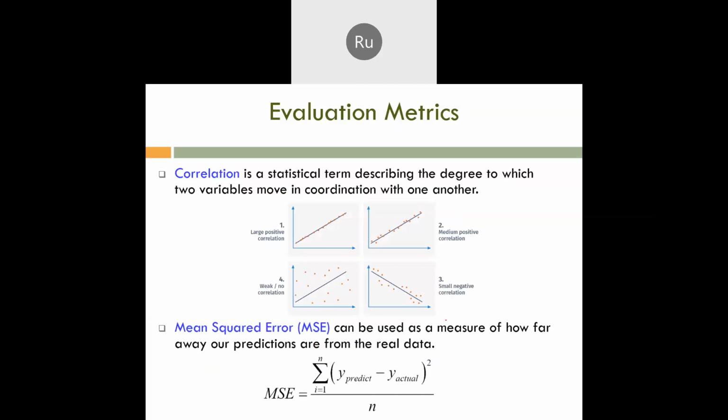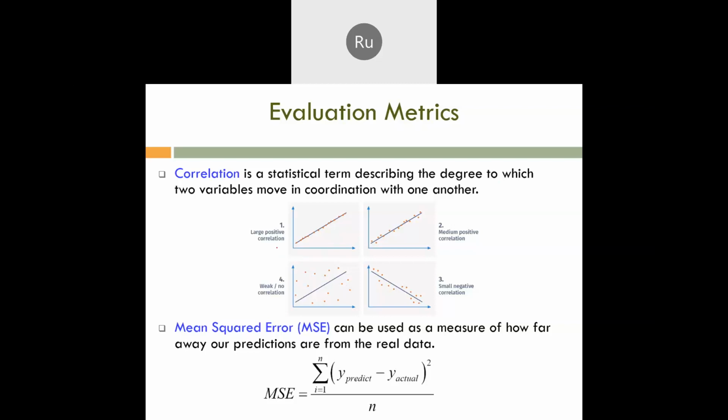Okay, I think you have studied correlation. So correlation looks at the degree of correlation formed between all the data that we have. For example, if two variables are highly correlated, that means any change in x will also be reflected in the value of y.